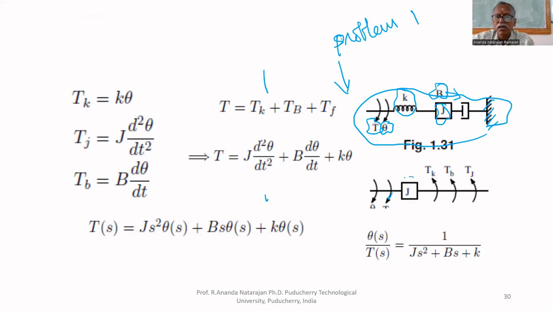If you draw the free body diagram for J, the applied torque is T. Because of that, the end has a displacement of theta. The reaction torques are Tk, Tb, and Tj.